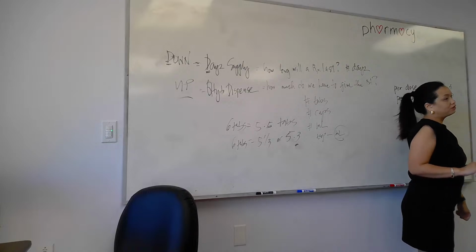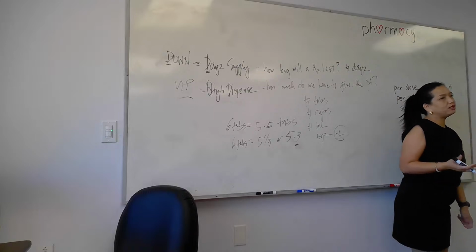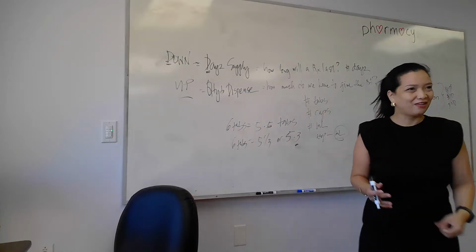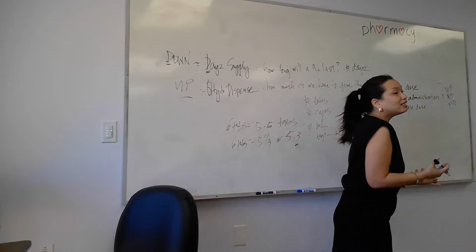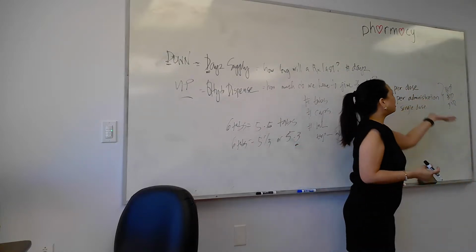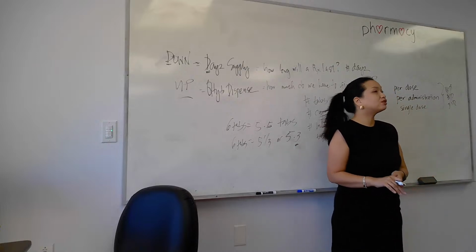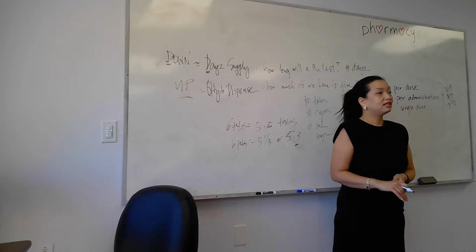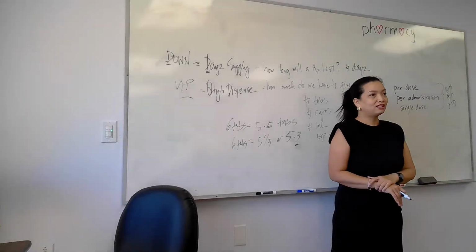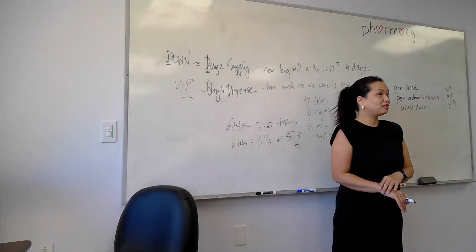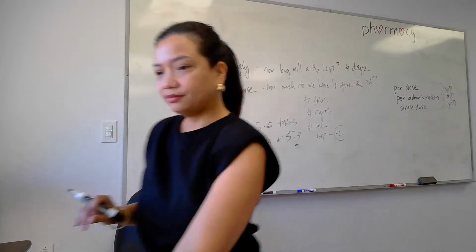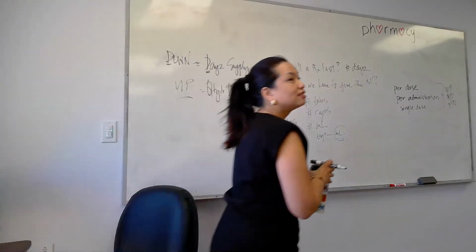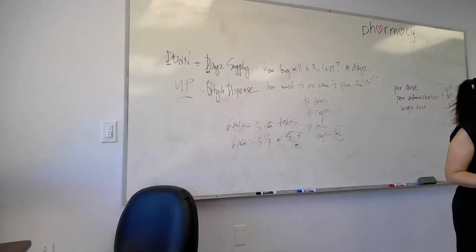On your packet as well, it will say for 10 days, for 20 days, for 30 days. Does that matter on the per dose, per administration? No, so cross it out too. I'm just talking about the first page. What's the instruction on page 1? Calculate for a single dose.